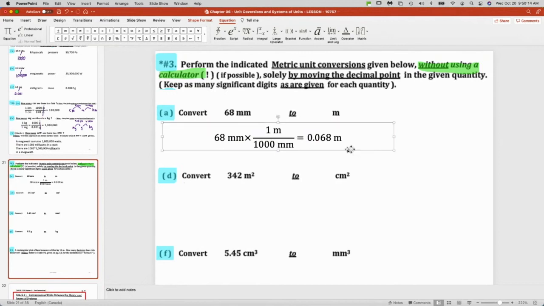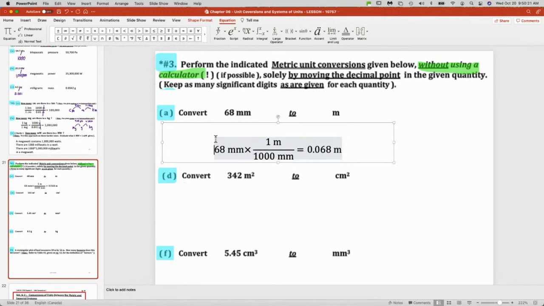This one here, you know that m means 0.001. Remember I said that to you earlier? You can do it a different way. You can just say that 68 millimeters is equal to 68 times 0.001 and then meters. See? Exactly what Cosimo was talking about with Nicholas earlier.